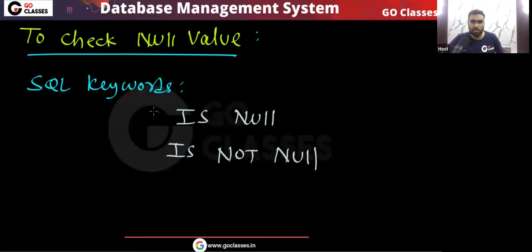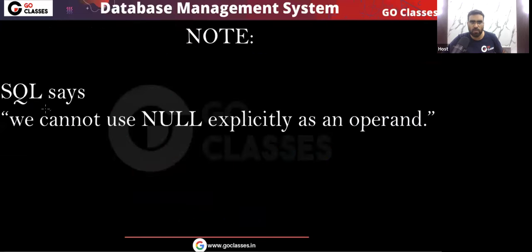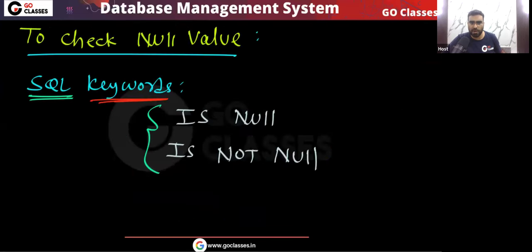These are special facilities given by SQL. You can use these to check null, but you cannot use null as an operand in the SQL query. SQL says we cannot use null explicitly as an operand.